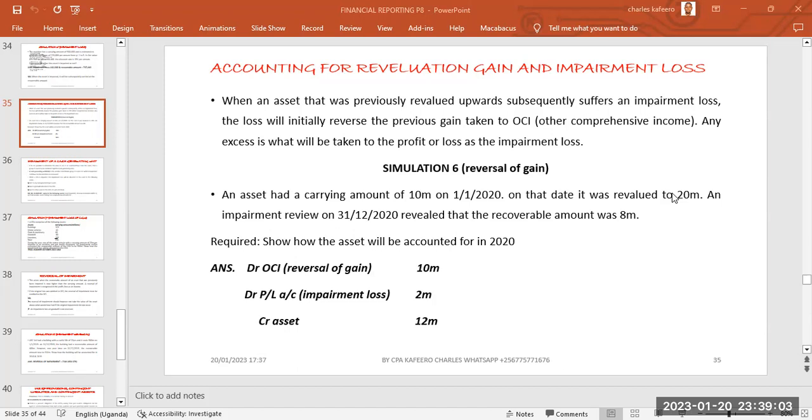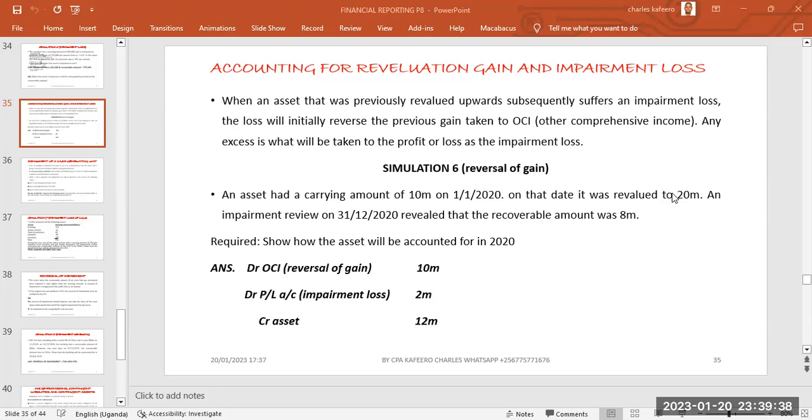So if we had a gain there, it means we have to first use this loss we've got to first reverse the previous gain we got. Because this gain we got, we took it to our income statement and we added it to our net profit for the year.